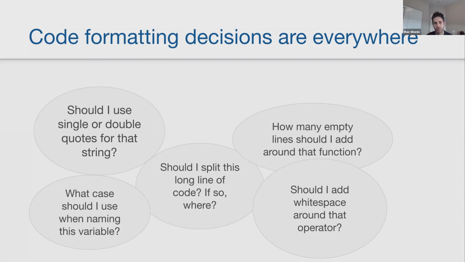Should I use camel case or underscores with a variable name? Should I split long lines of code, and where should I split them across multiple lines? Empty space, white space, both horizontally and vertically, plus a bunch of other things that I'm sure any of you who've done programming have given thought to.